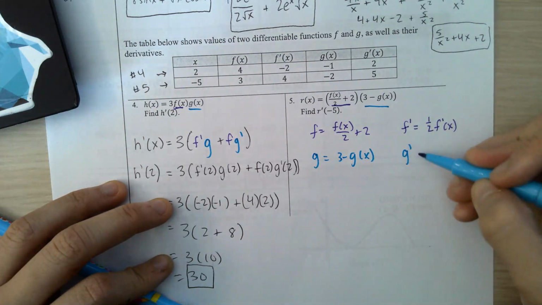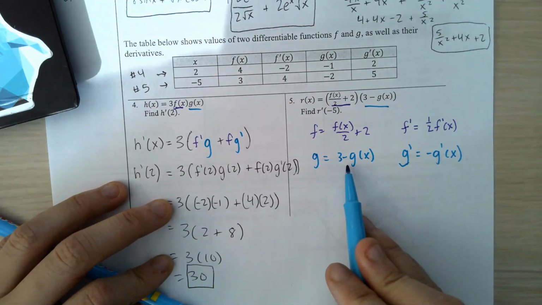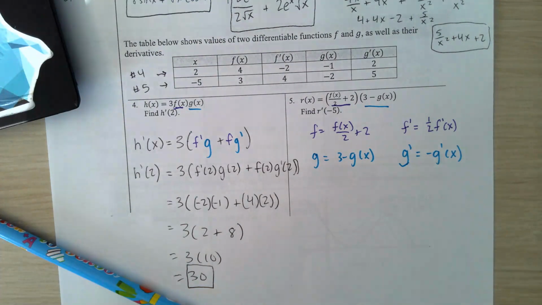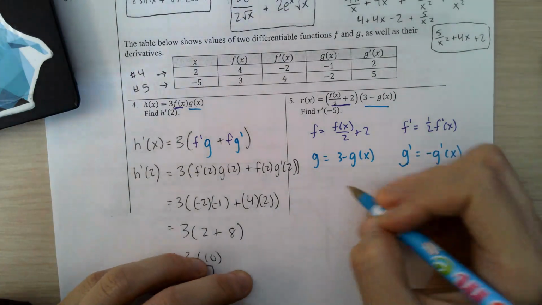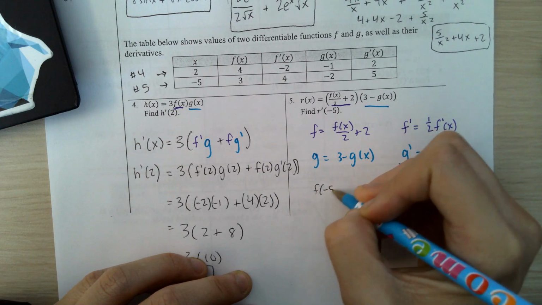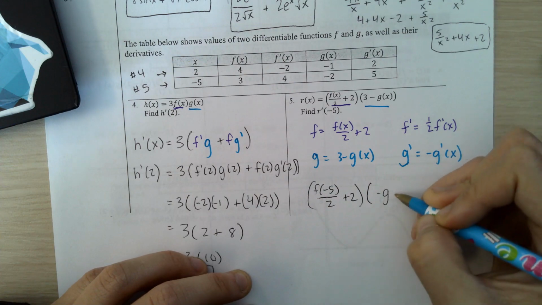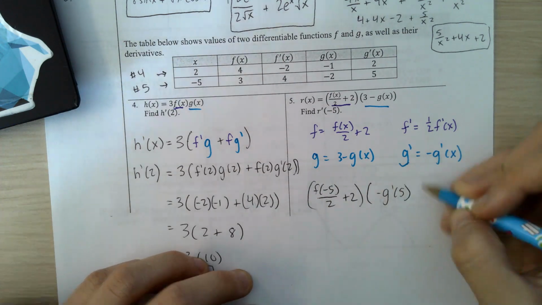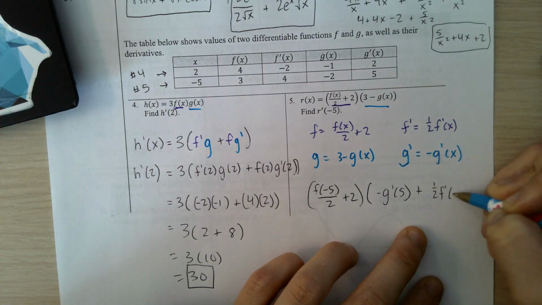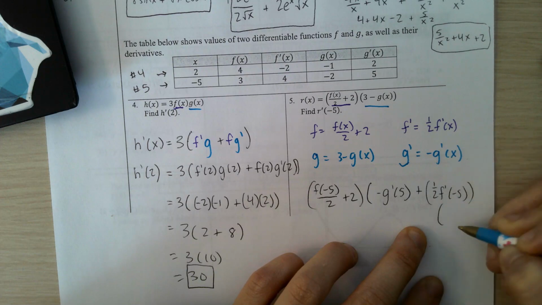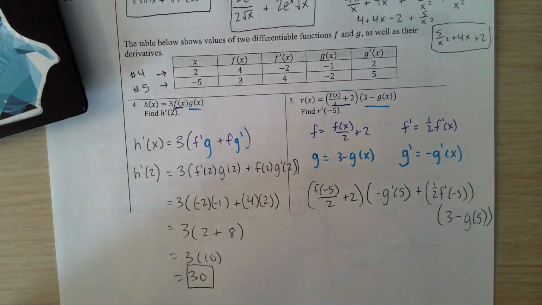Our g prime is going to be negative g prime of x, because that turns into 0, the negative is still there, and that's the derivative. So the whole thing we need is f of negative 5 over 2 plus 2 times negative g prime of 5 plus 1/2 f prime of negative 5 times 3 minus g of 5. It looks super gross, but you just gotta power through it.